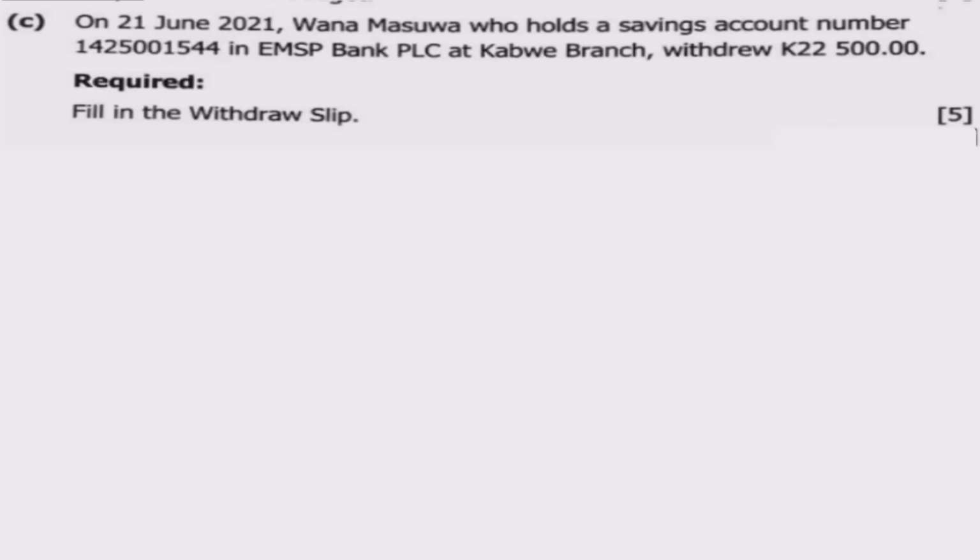On 21st June 2021, Wana Masua, who holds a savings account number 1425001514 in EMSP Bank PLC at Kabwe branch, withdrew 22,500 kwacha. Okay, that is the statement.